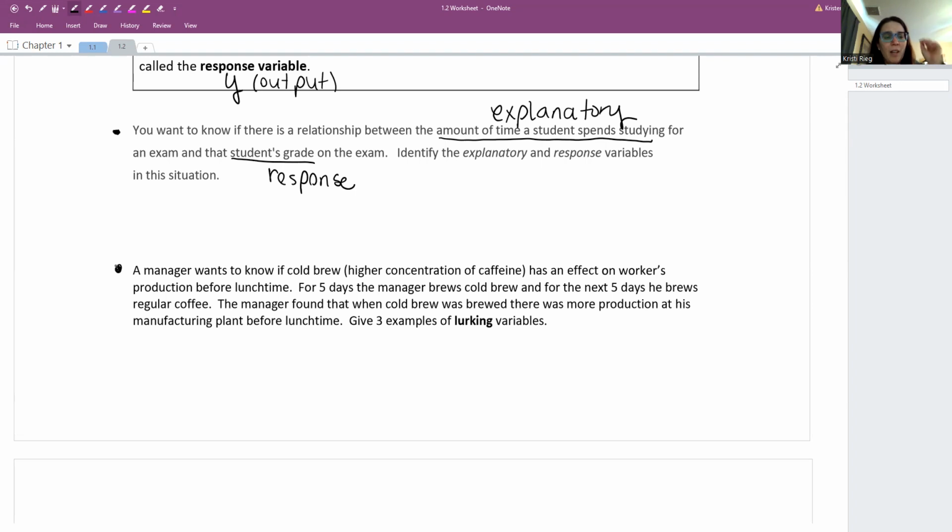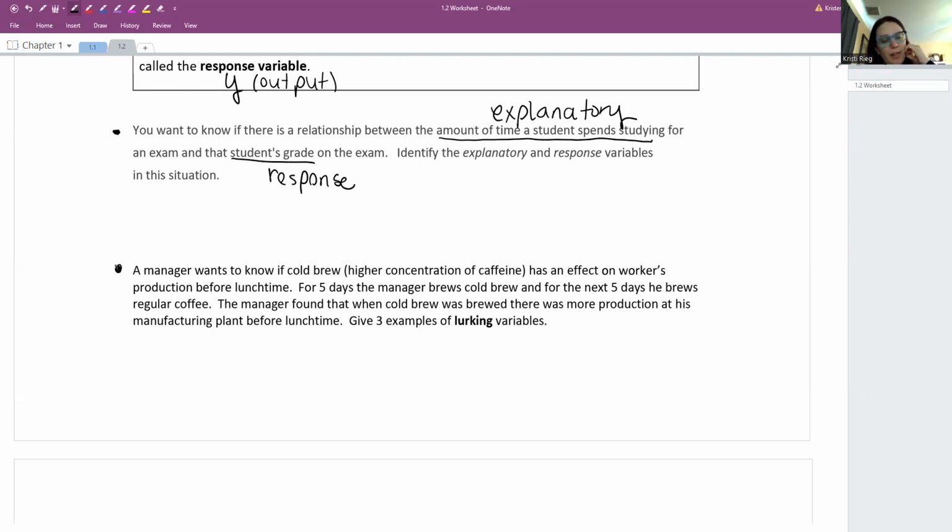So here we have a manager who wants to know if cold brew coffee, which is higher caffeine, has an effect on the workers' production before lunchtime. So for 5 days, the manager brews cold brew, okay? And then they work.